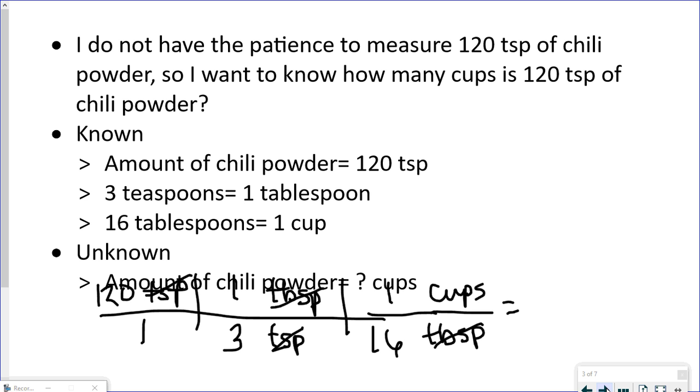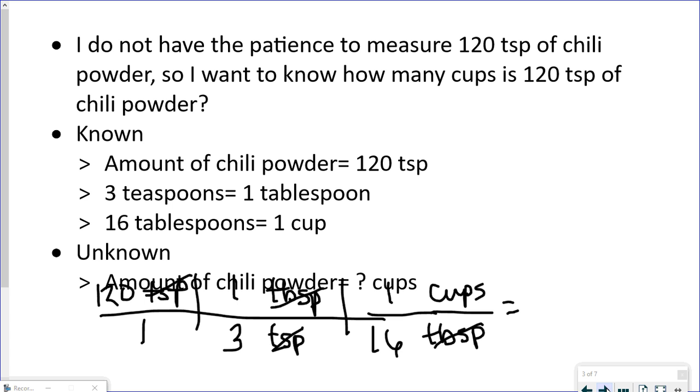So once I have cups, which is the unit I was looking for, I simply need to put this in the calculator. Remember, anything on top of the line gets multiplied. Anything on bottom of the line gets divided. So to punch this in the calculator, we would do 120 divided by 3, which gives us 40.